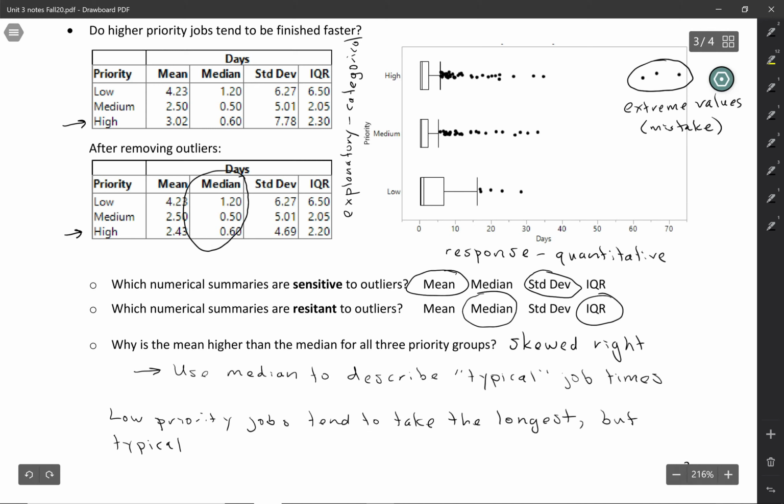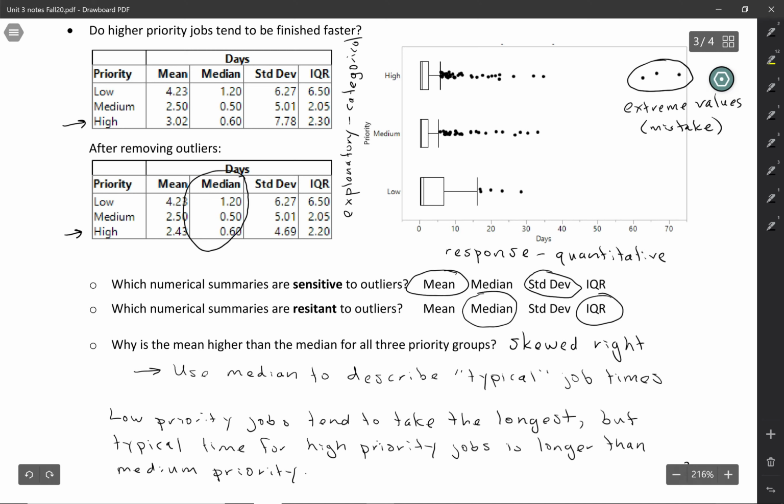The typical time for high priority jobs is actually longer than medium priority. So it's hard to say just from the data what's going on in this system.